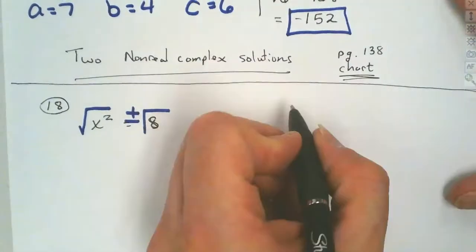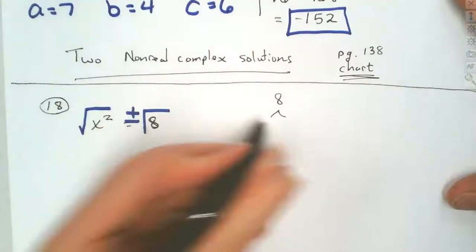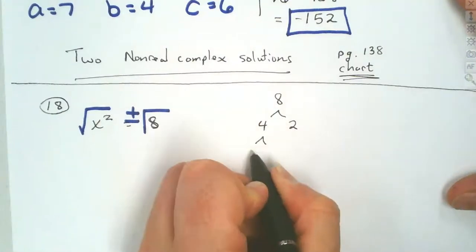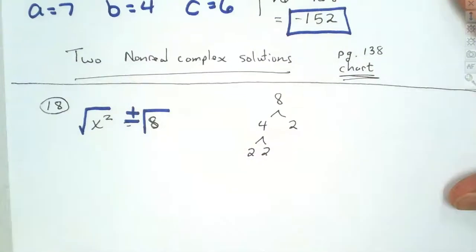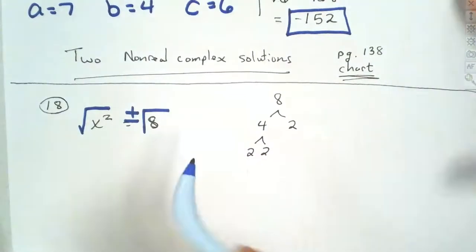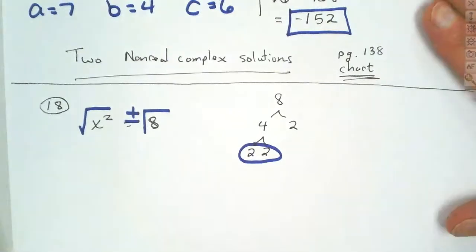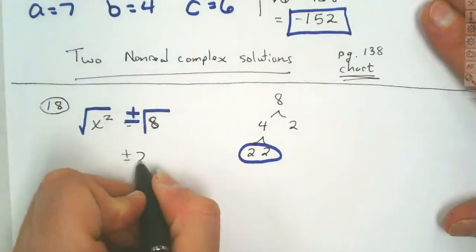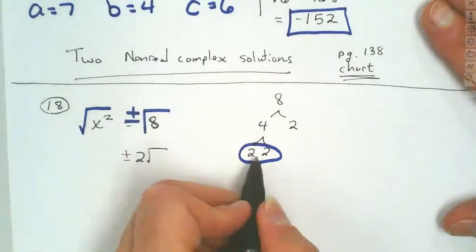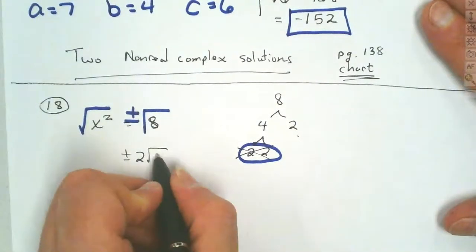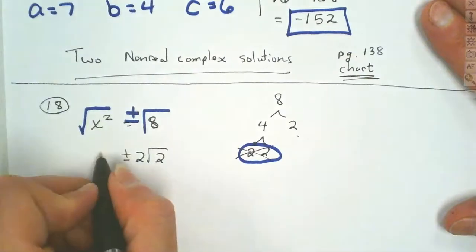Now, 8 will break down, because 8 breaks down into 2 and 4, and then the 4 breaks down into 2 and 2. So a pair of 2's is going to come out as a single 2, and then those are paired up, but that one is unpaired, so it goes in the root.